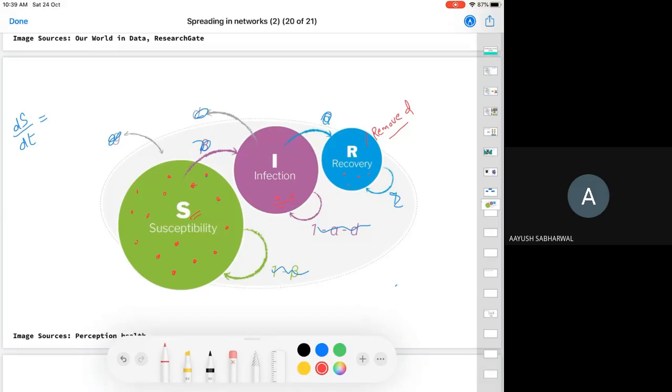So how many ways are there in which infection can happen? Assume that there are S number of people here and I number of people here in the infected chamber. So in how many ways can infection be passed on? So there is S into I number of ways if everyone is exposed to every other.